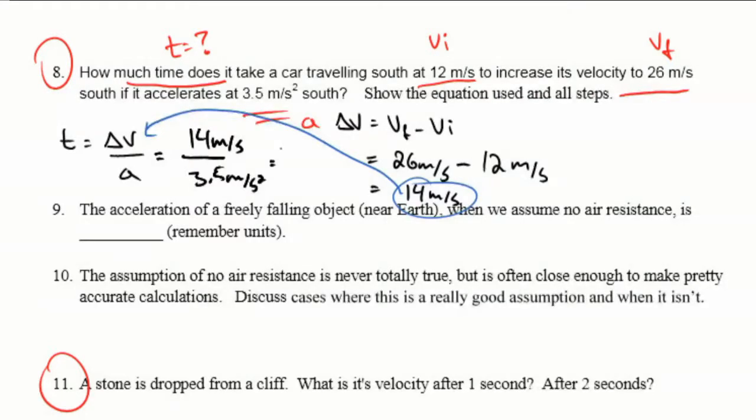And I have to break out the calculator for this one. 14 divided by 3.5 is 4. And because my answer is a time, which isn't a vector, I don't need to include a direction with that. I can just say it's 4 seconds.